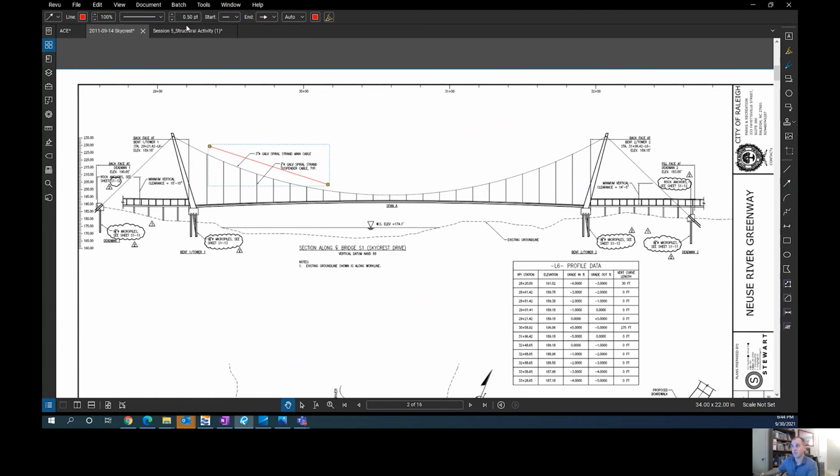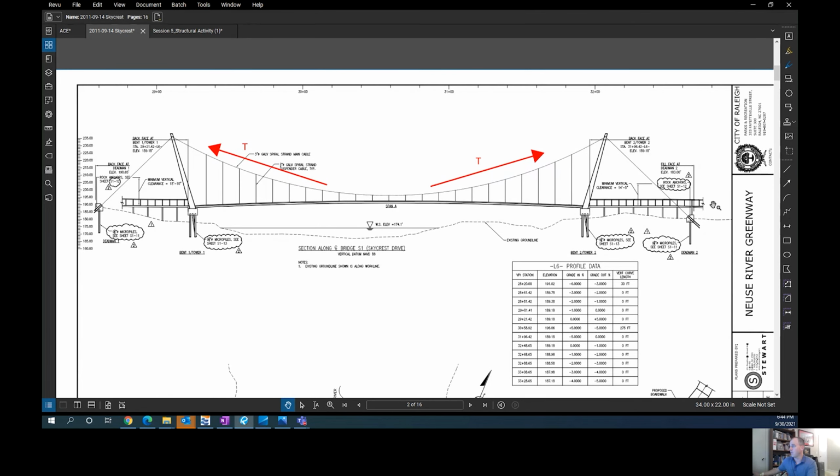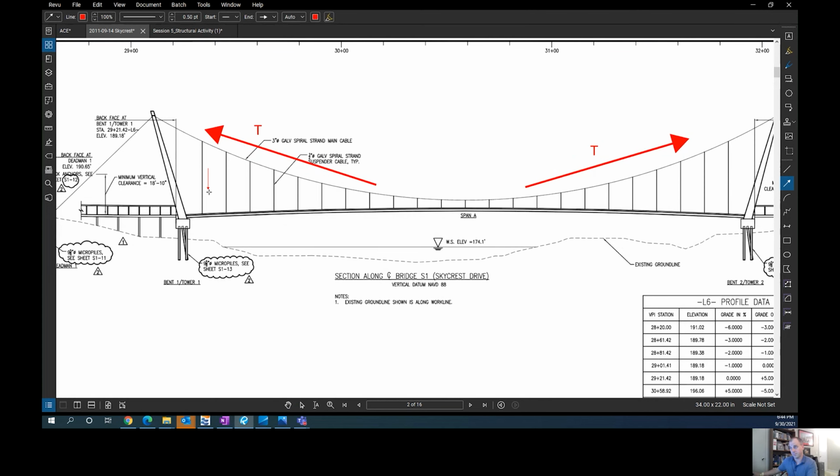So we represent that with a couple of tension arrows, red arrows. From those primary cables, we are hanging our vertical cables. Those vertical cables come down like this. They are what is holding up the bridge deck below. So because they are holding up that bridge deck below, they are also in tension.